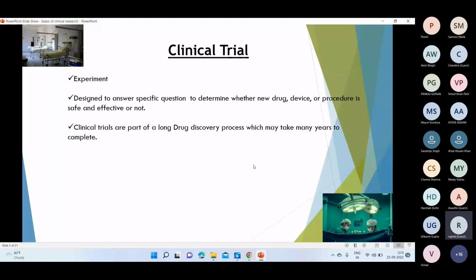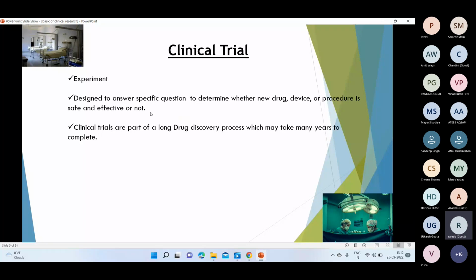Those experiments which are done to determine safety and effectiveness are called clinical trials. So clinical trials are nothing but experiments which are done on human beings to determine safety and effectiveness of drug products, medical devices, procedures, or any diagnostic product. So a clinical trial is always designed to answer a specific question, to determine whether a new drug, device, or procedure is safe and effective or not.